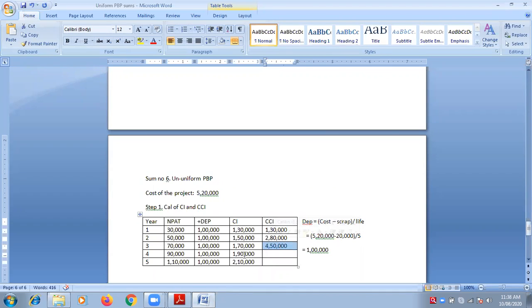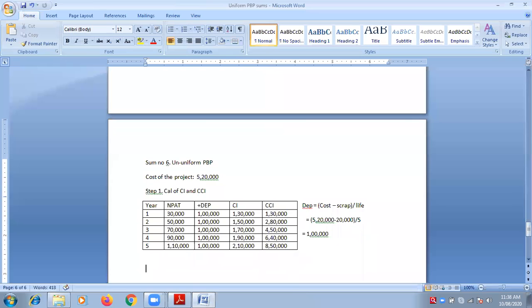So 4,50,000, adding it to 1,90,000. What would be the next answer? 6,40,000. And last 6,40,000 will be added to 2,10,000. So my answer will be 8,50,000. Okay. CCI is also done.